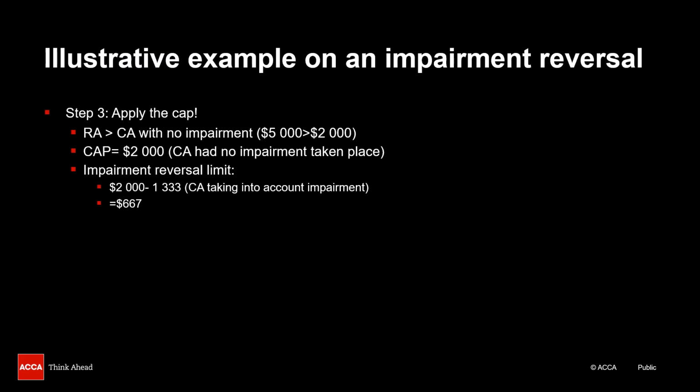In this instance, the recoverable amount is greater than the carrying amount had no impairment taken place, so the cap applies. This means the entire impairment reversal of $3,667, which we previously calculated, cannot be recognized. The only portion of the impairment reversal that can be recognized would thus be the capped $2,000 less the carrying amount of the asset, which takes into consideration the impairment.